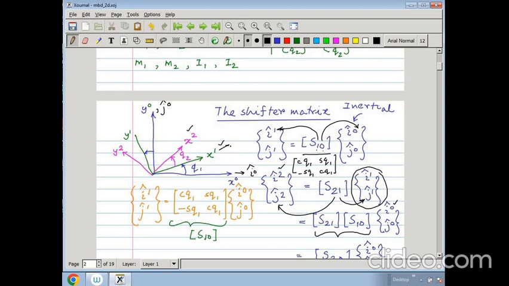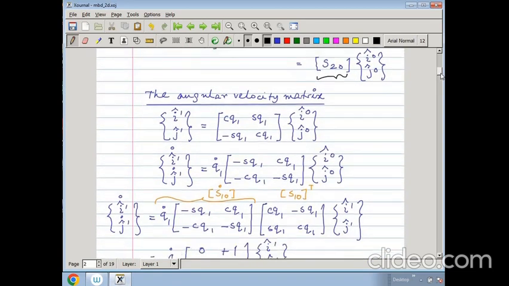But what about this I1 and J1? I1 and J1, magnitude wise they are 1 but their directions are changing. And when you take derivative of a vector whose directions are changing, the derivative is not 0, or not null. So what are the derivatives?